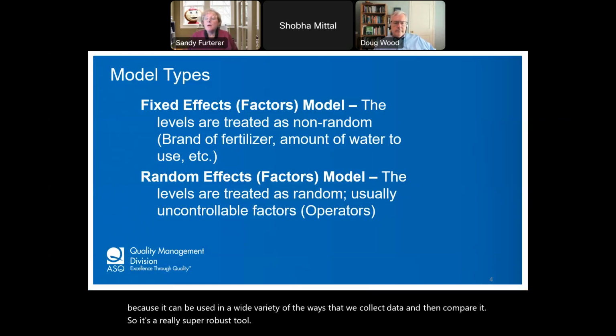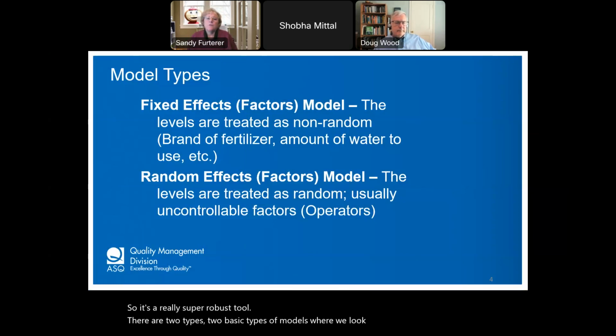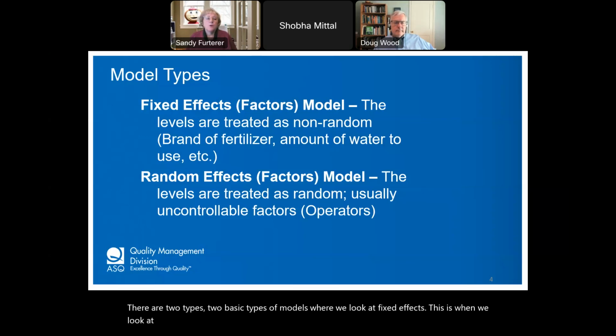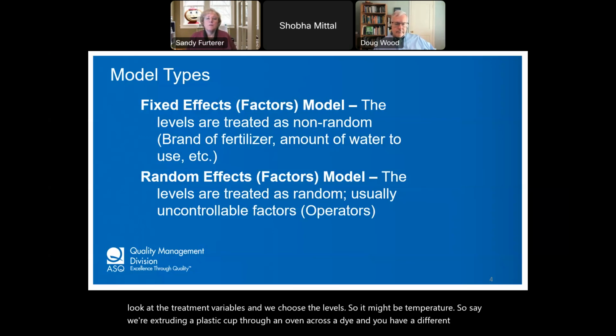There are two basic types of models. First, we look at fixed effects. This is when we look at the treatment variables and we choose the levels. So it might be temperature. Say we're extruding a plastic cup through an oven across a die, and you have different temperatures in that oven.